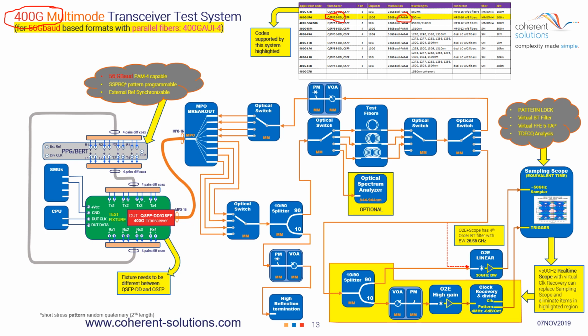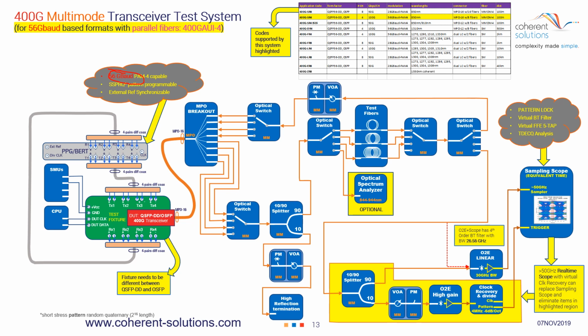So again, the test fixture needs to accommodate the actual data rate. The bit error rate transmitter also needs to accommodate this higher clock rate. In general, multimode 400 gig transceivers require a 56 gigabaud capable pattern generator with PAM4 levels. At this point, we've explained enough of the systems that I think you can follow what's happening here.